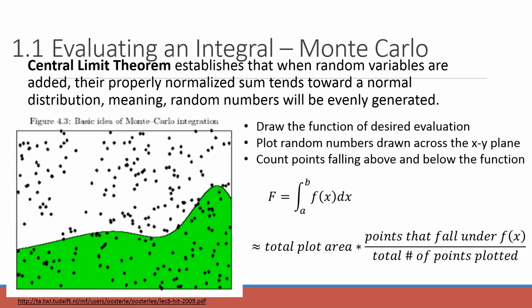And additionally, we want to count the points that are both falling above and below the function. And we can get an estimated area of the function by multiplying the total plot area times the points that fall under the f of x function divided by the total number of points plotted.